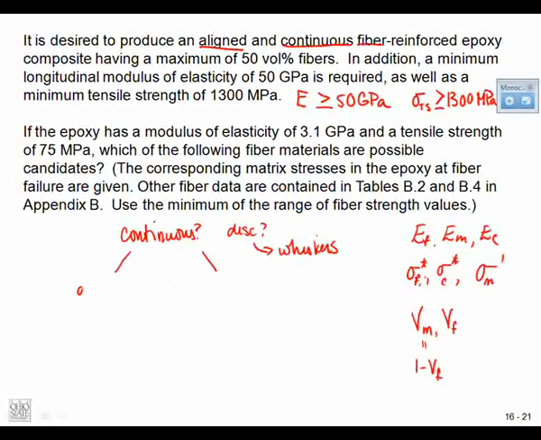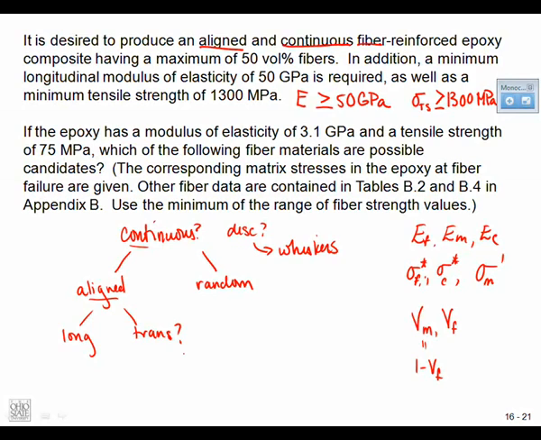Then, are they aligned or random? We're continuous and aligned, and then where's the stress? Longitudinal or transverse? We're actually not told whether it's longitudinal or transverse.